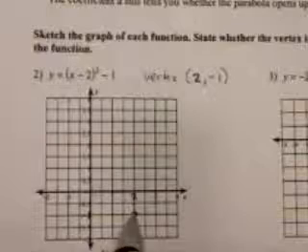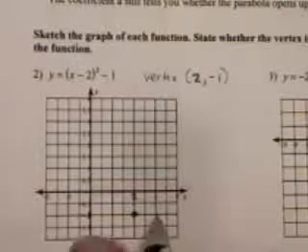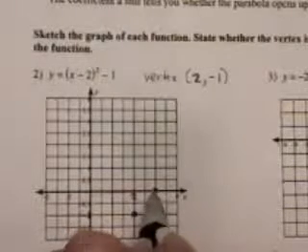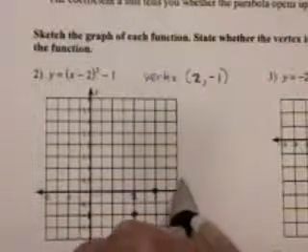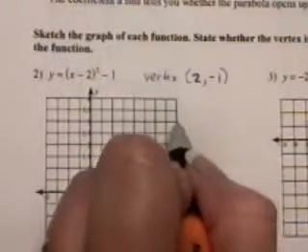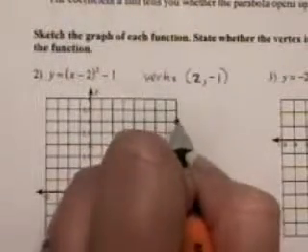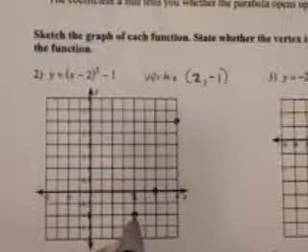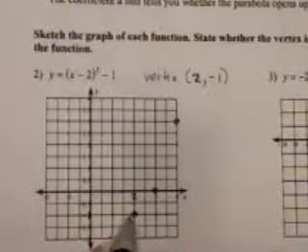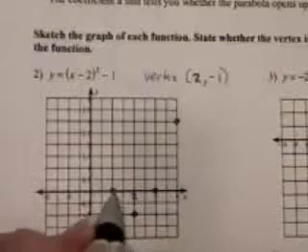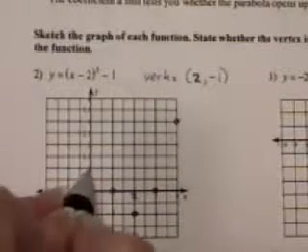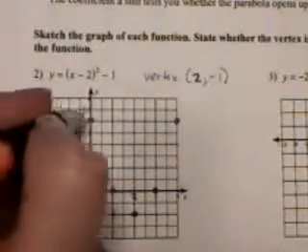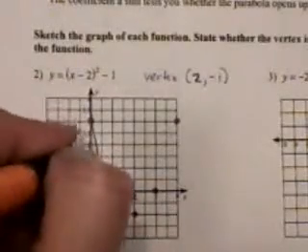I'm going to go over 1, but be careful on the scale, up 1. Then I'm going to go over 1, up 3. I know that looks a little bit weird, but this is how the scale counts on this graph. From the other side, over 1, up 1, then over 1, up 3, and sketch in my parabola.